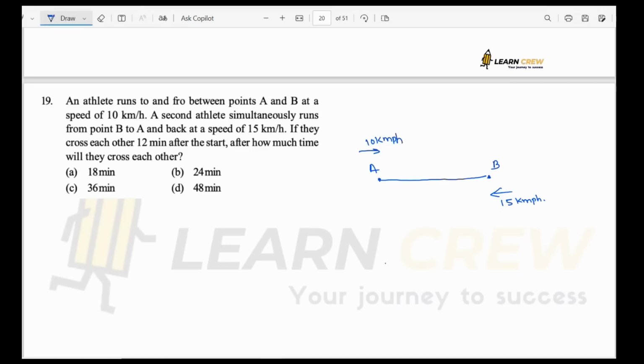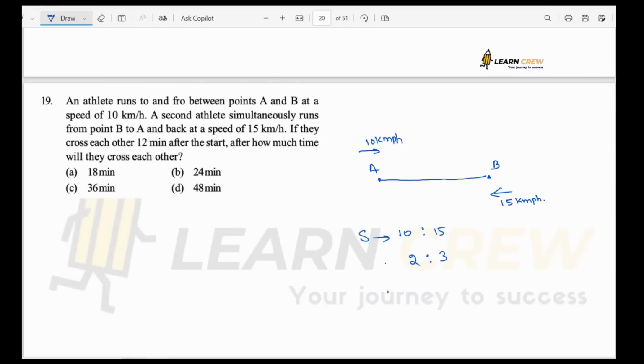So what is the first understanding here? What is the ratio of speeds? 10, the other is 15. So 2:3. 2:3 is the ratio of speeds.